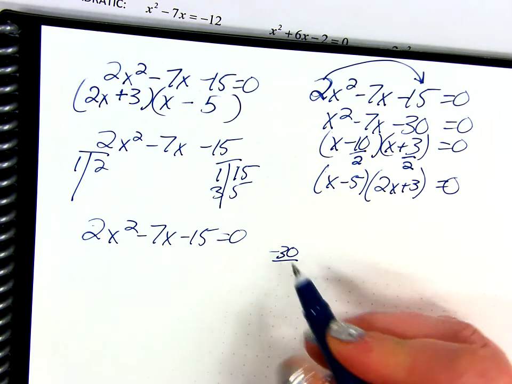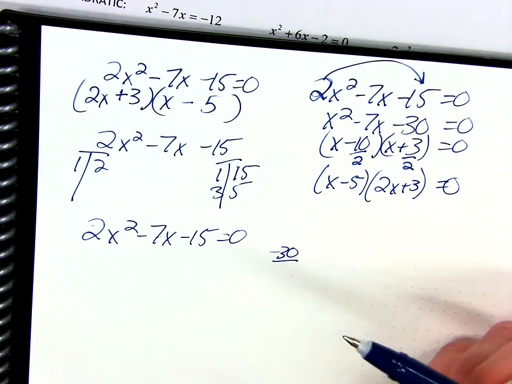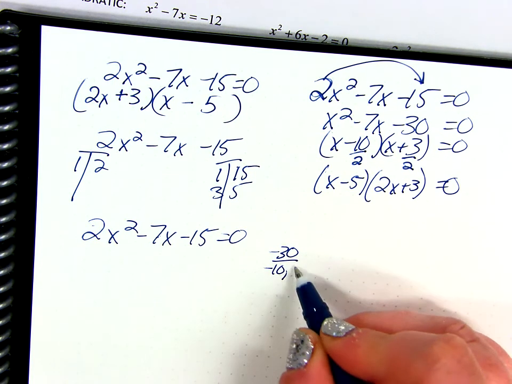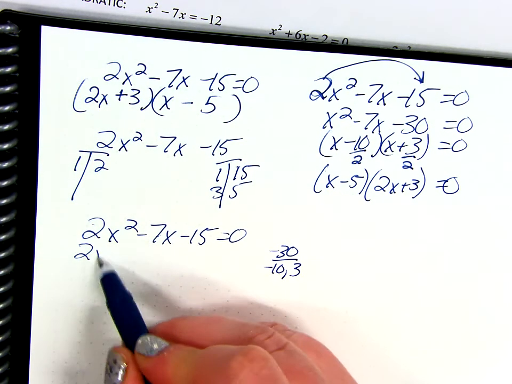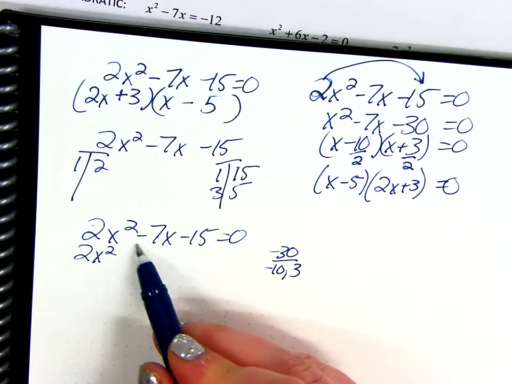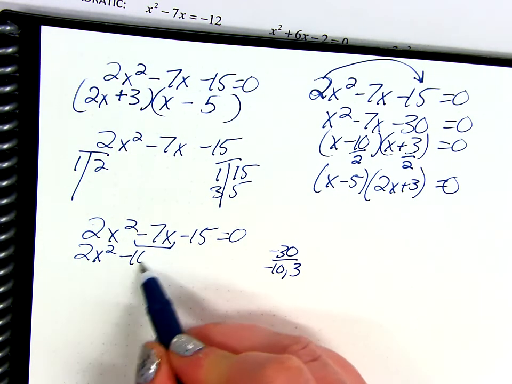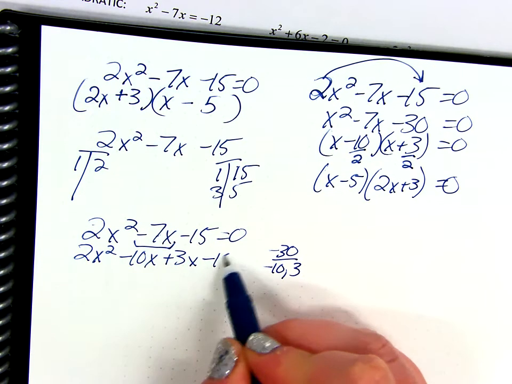And then I go over here and I start trying to find factors of negative 30 that add up to be that negative 7. So negative 10 and a positive 3, right? Once you have those two factors, you go back in and you rewrite the quadratic, but you replace that middle term with these two guys. Minus 10x and a plus 3x. And then bring down that minus 15.